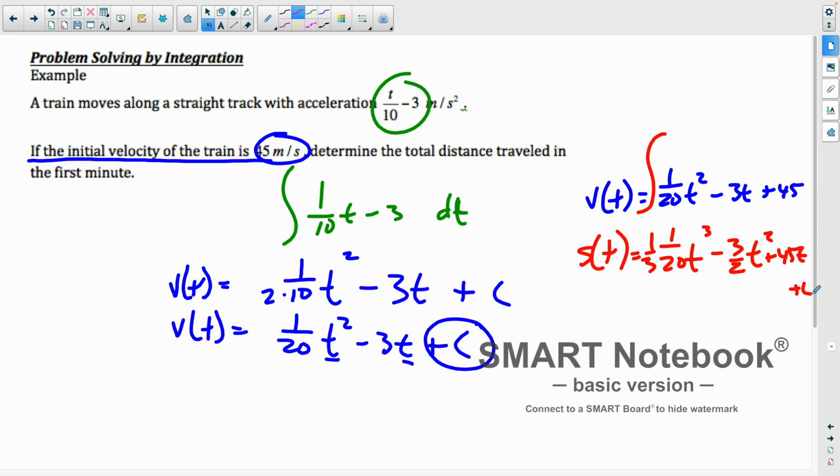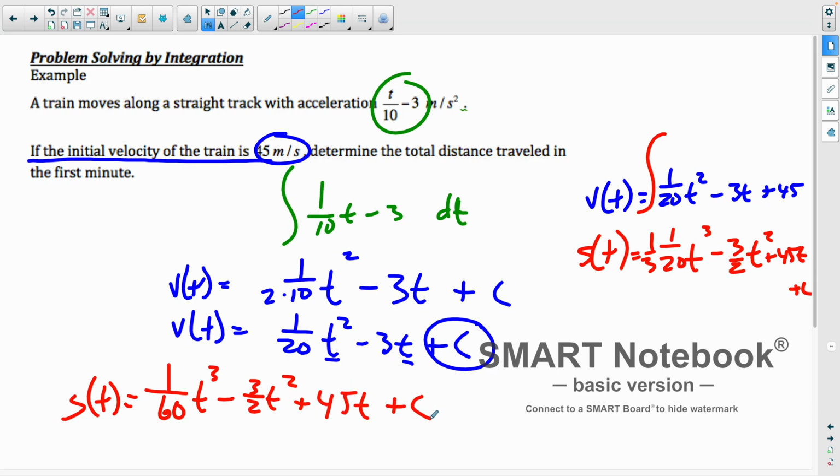So if I do this, I'm going to rewrite just so I can see this a little bit better. 3 times 20 would be 60. So 1/60 t cubed minus 3 halves t squared plus 45t plus c.